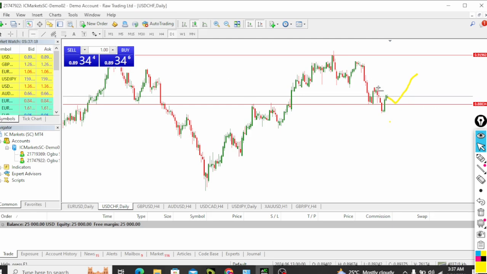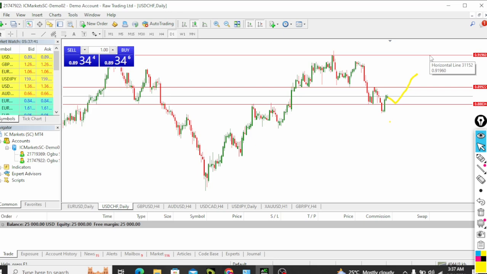So I will expect a pullback onto this region, then an aggressive move to this resistance area. And to be frank, it is likely that it's going to break that resistance and continue its movement upwards.